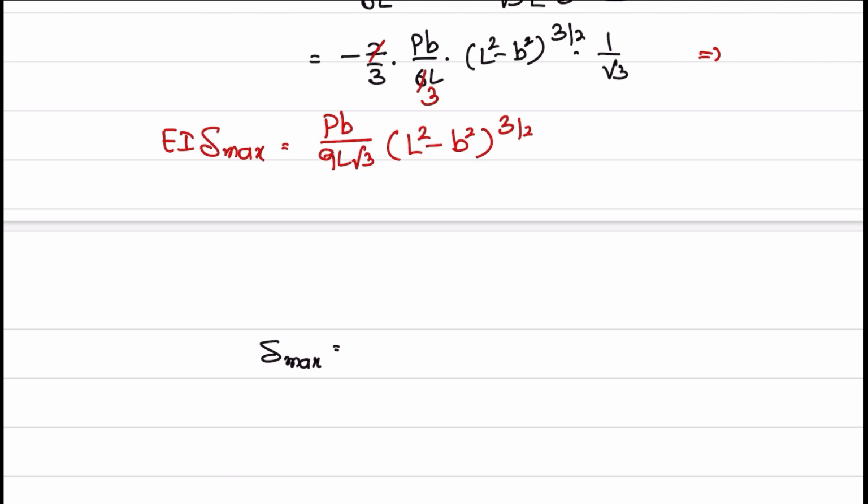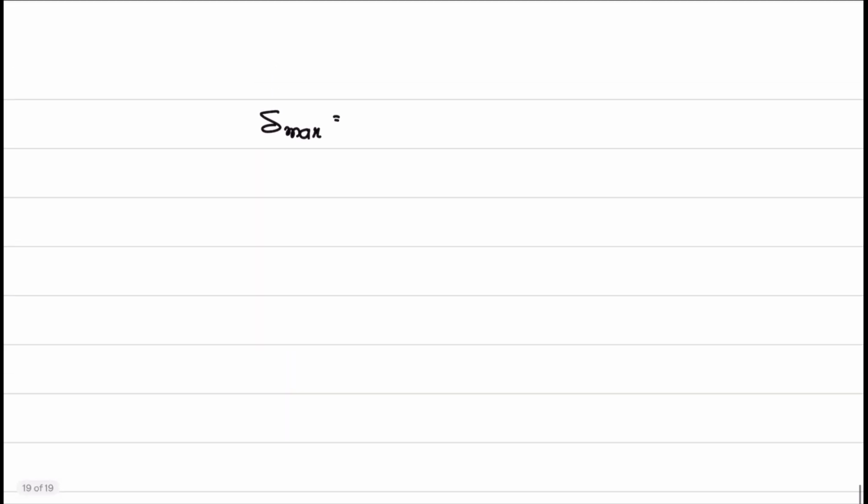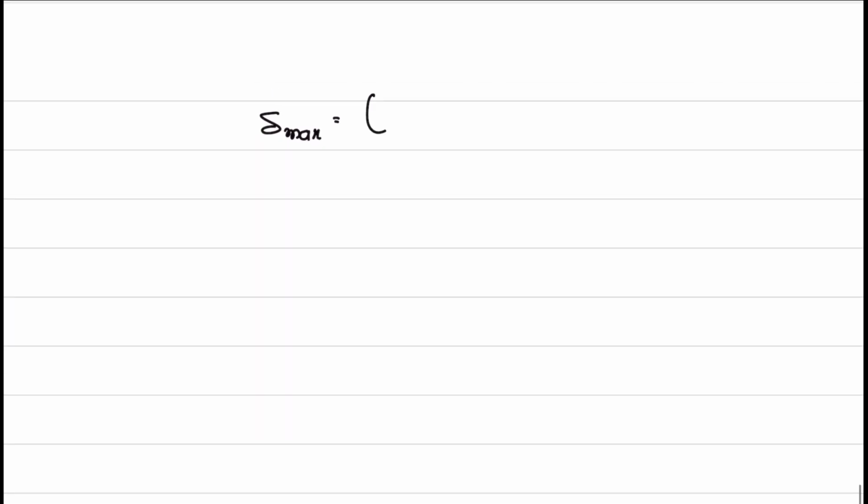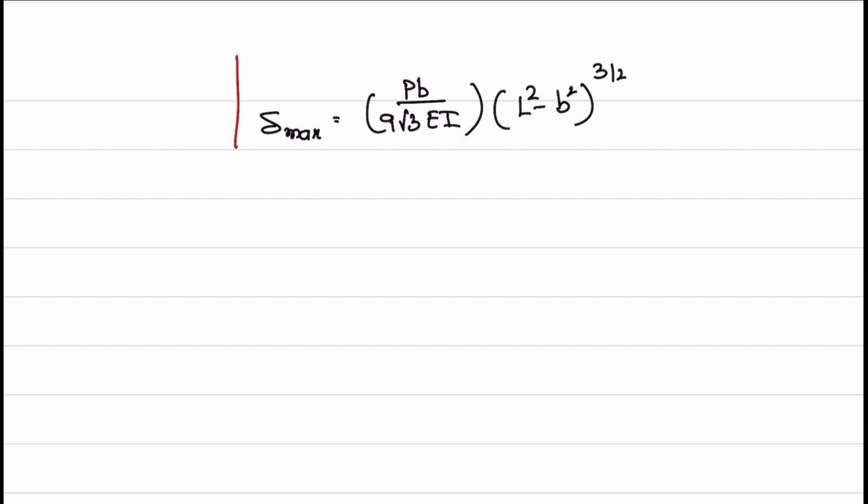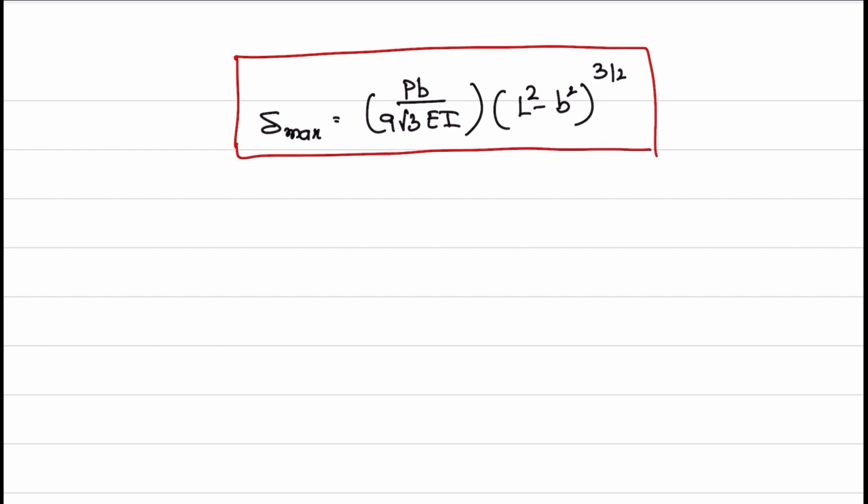It will come on to the right hand side. Then it will be PB by 9 root 3 EI into (L square minus B square) to the power of 3 by 2. Please remember this formula, the derivation of the formula. Please make a note of it.